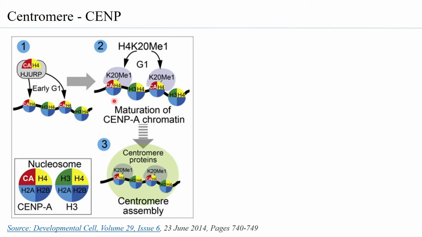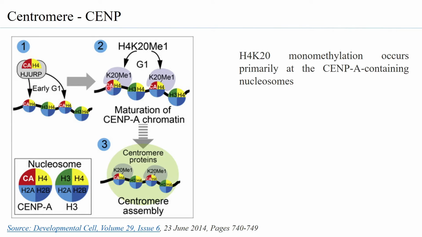Then what is observed is that once you have CENP-A associated with the nucleosome core particle, the histone tail seems to have a modification. We all know that histone tails are hotspots for modification.